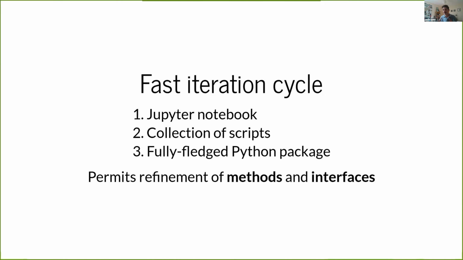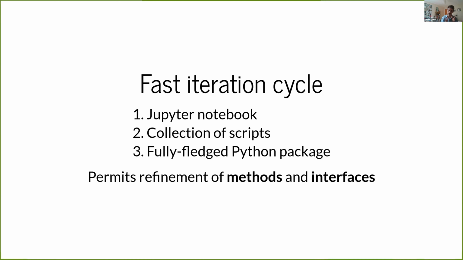You can make an ill-suited numerical method as fast as you want. It's still not going to be great if you haven't chosen the right method to begin with. So it allows refinement of the numerical method, but it also allows refinement of the interface, both in terms of how the different components of any software fit together, and also how the user interacts with that.